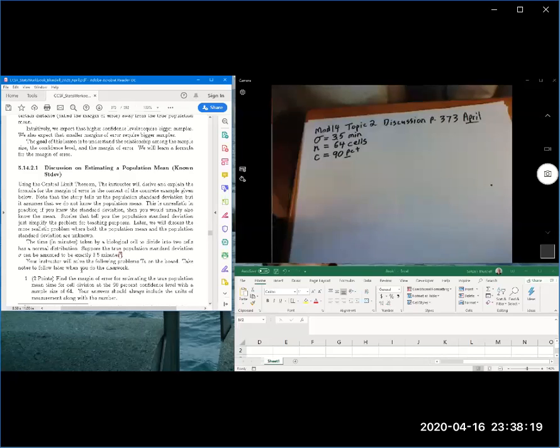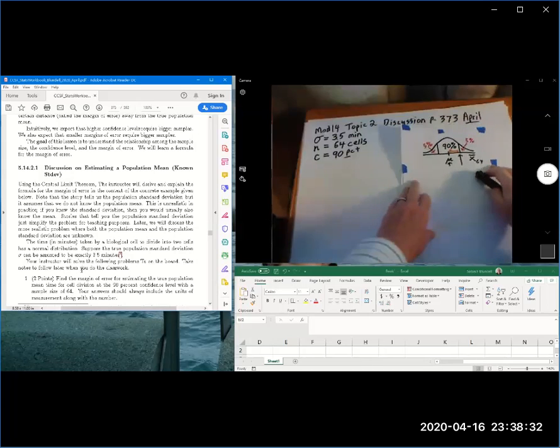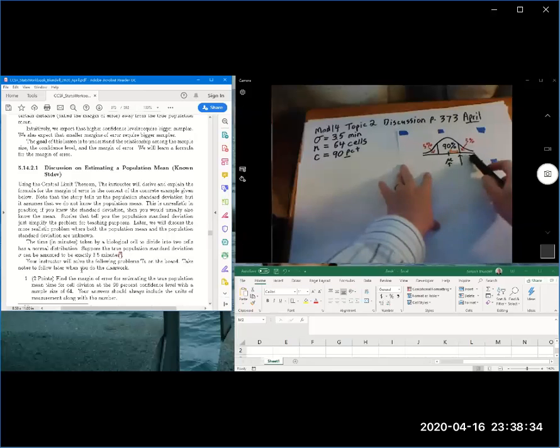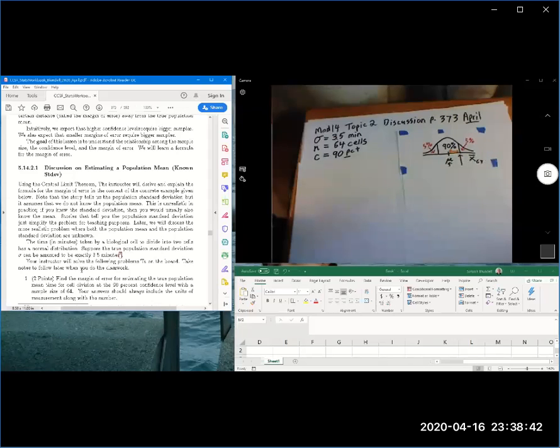And because of the central limit theorem, we know how the sample means are distributed. So what I've drawn here is when you consider all the possible sample means for different samples of size 64, different groups of 64 cells, that the distribution of all the sample means that you might get has the normal shape, and that's because of the central limit theorem.